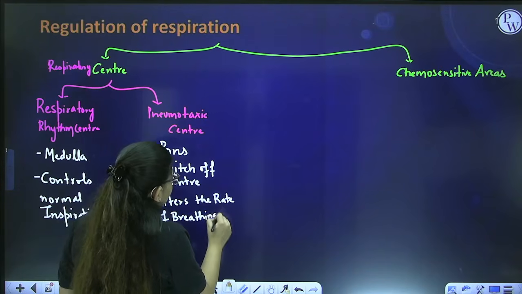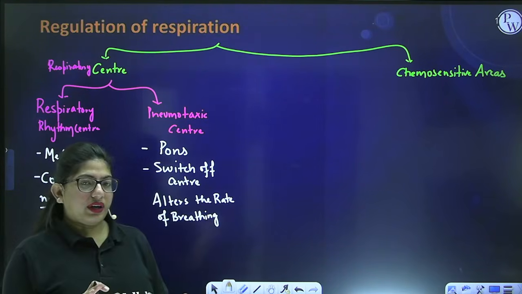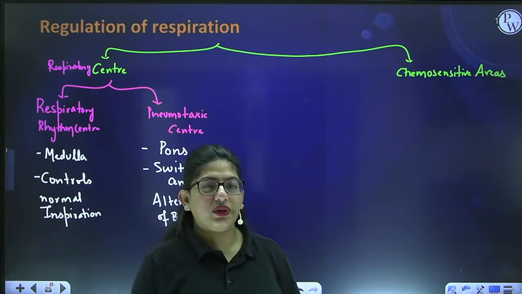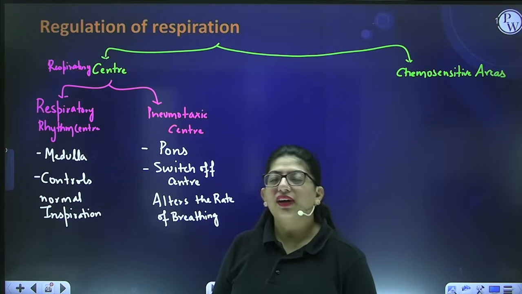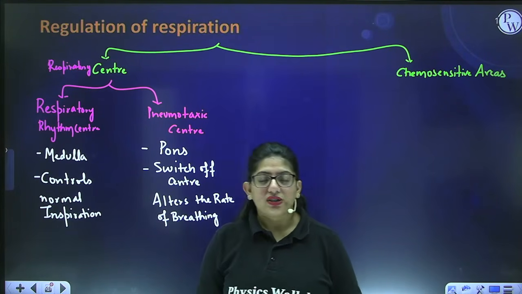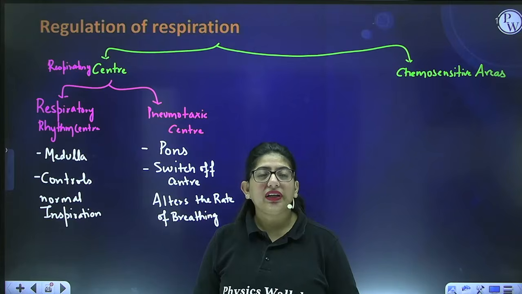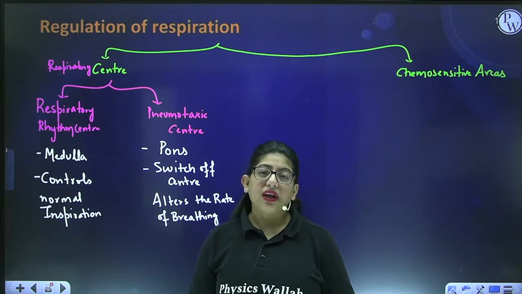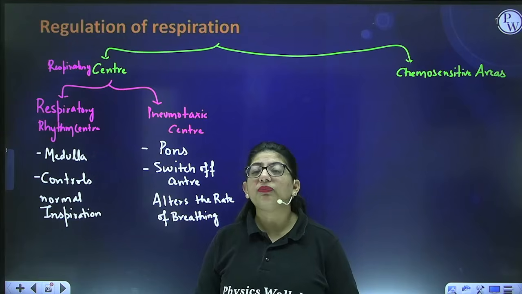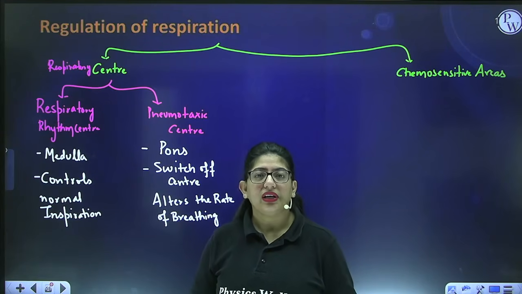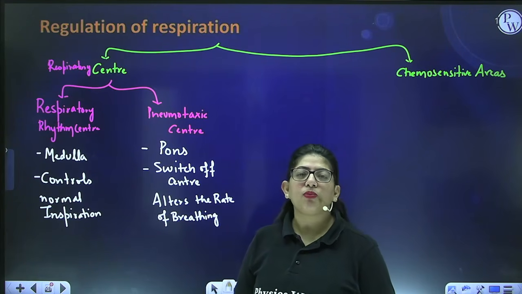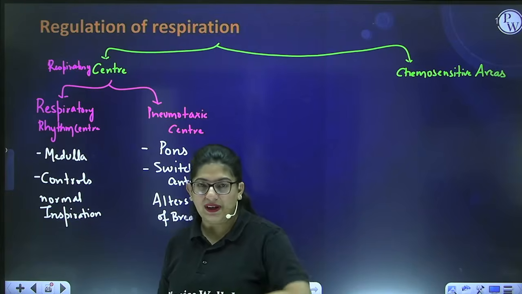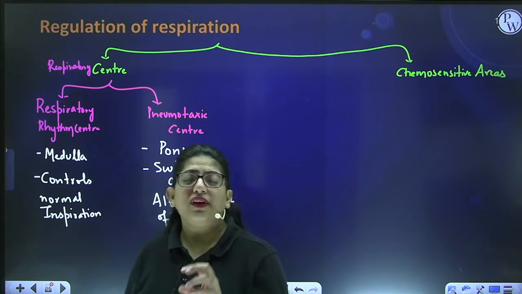How? Imagine normally you inhale for 0.4 second and you exhale for 0.4 second. While you are running, your breathing rate gets increased, it gets fast. At that time, you're not taking deep breath, you're taking shallow breath. For example, now you will inhale for 0.2 second instead of 0.4.